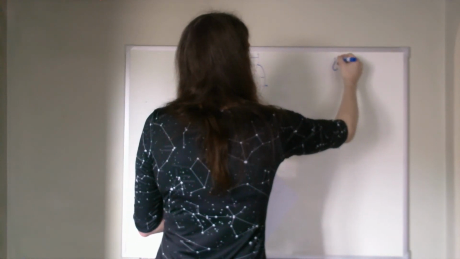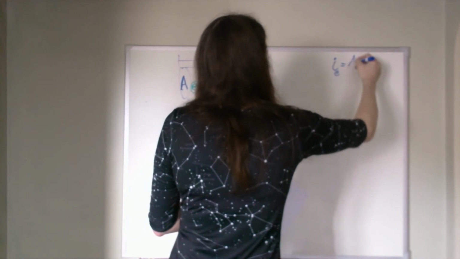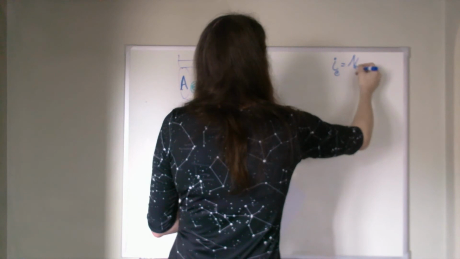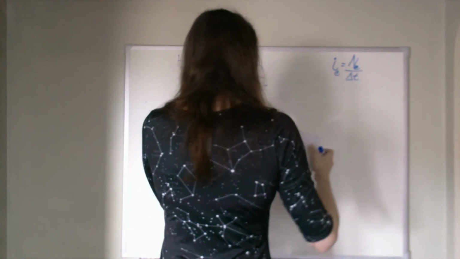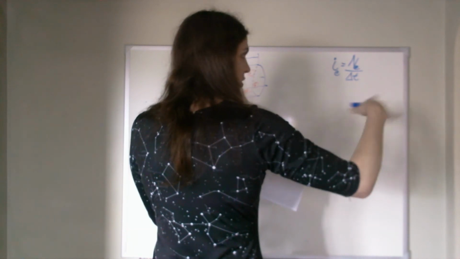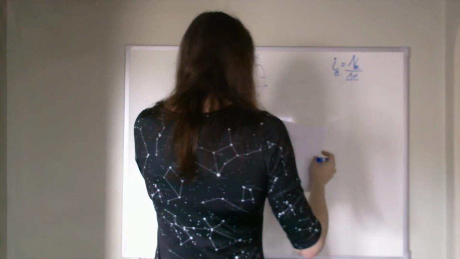We've got electron current is electrons passing through, divided by the time it takes for them to pass through.